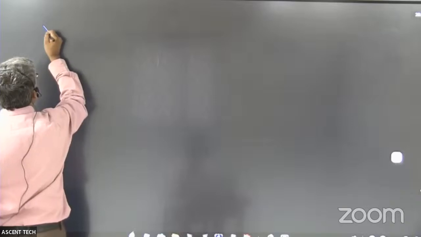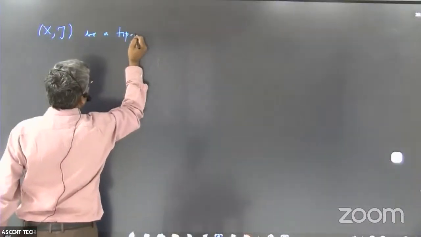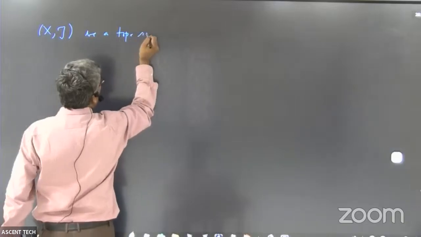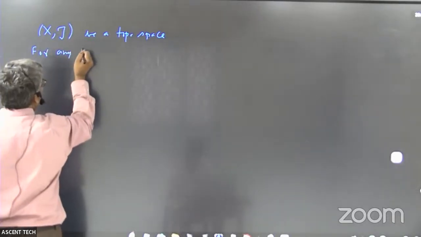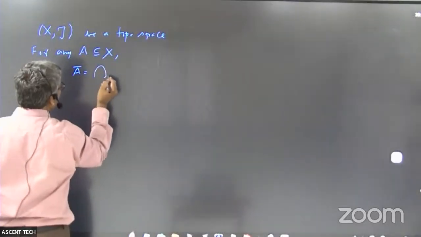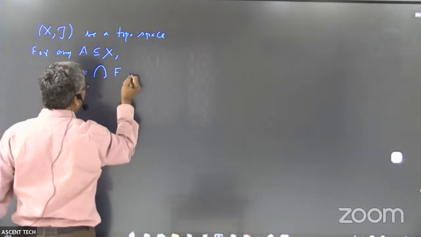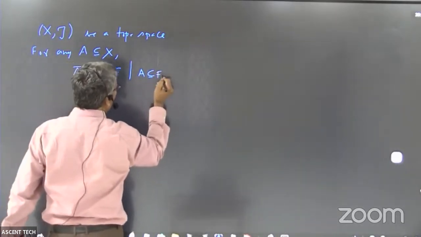So I have a topological space. I'm just going to revise that. Let (X, T) be a topological space. For any subset A of X, A bar is the intersection of all closed sets F such that A is contained in F and F is closed.